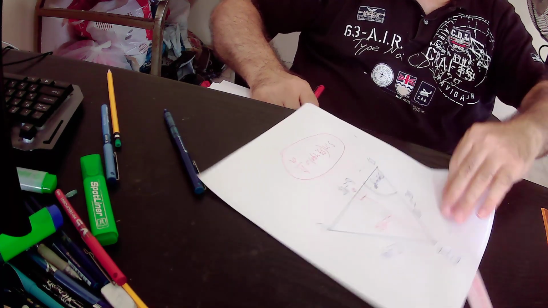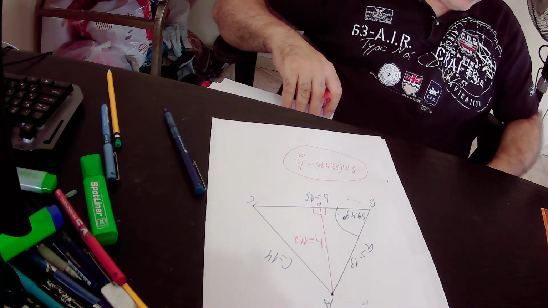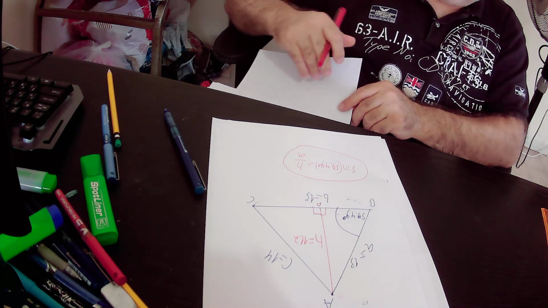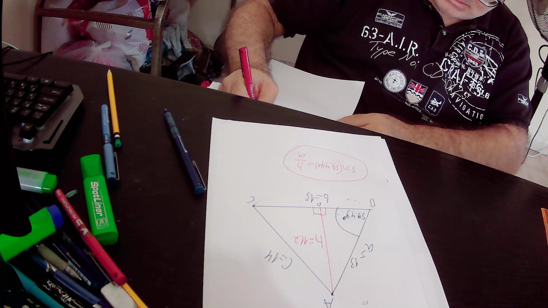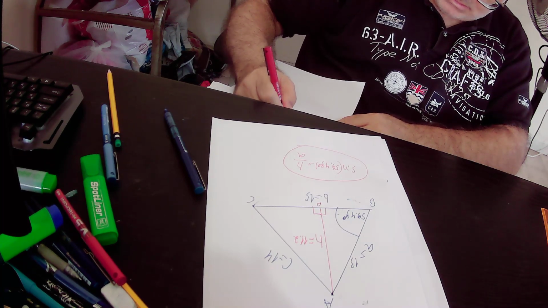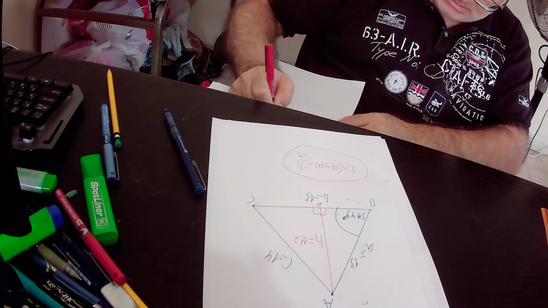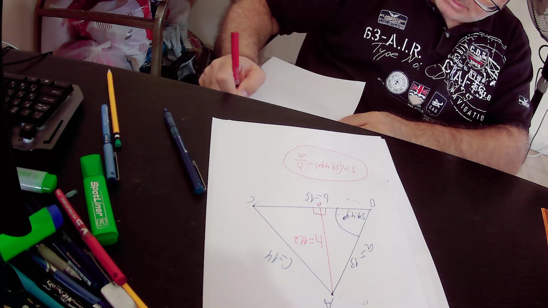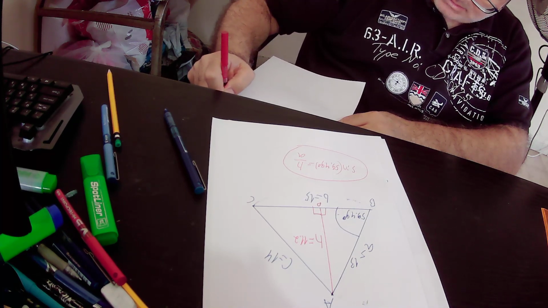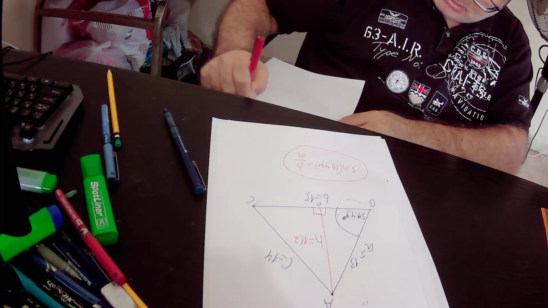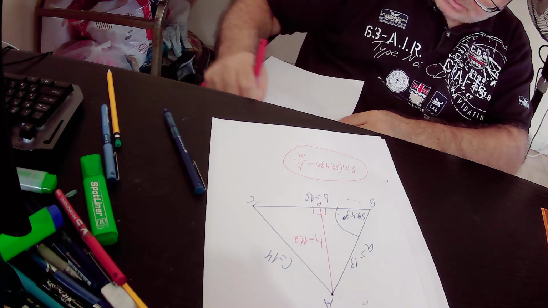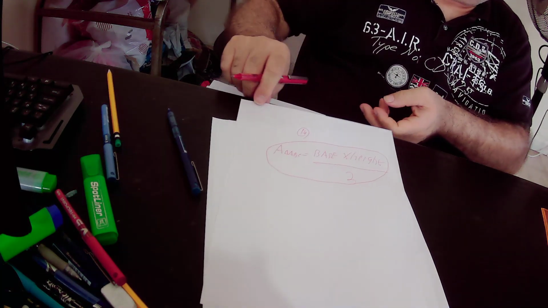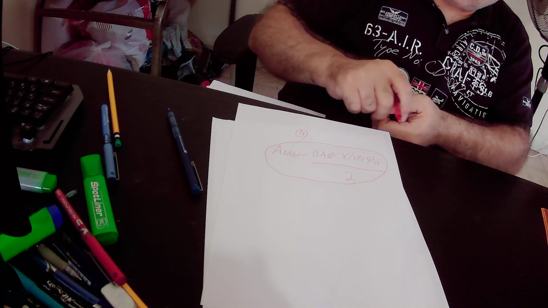So the area of any triangle equals the base of the triangle times the height to the base over 2.